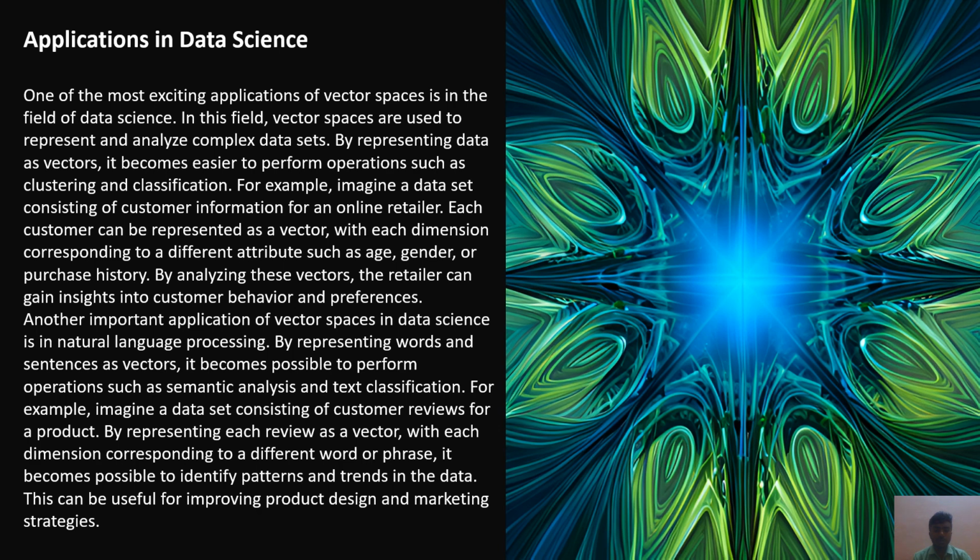By representing each review as a vector, with each dimension corresponding to different words or phrases, it becomes possible to identify patterns and trends in the data. This can be useful for improving data, product design, and marketing strategies.